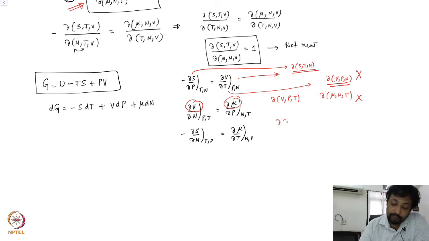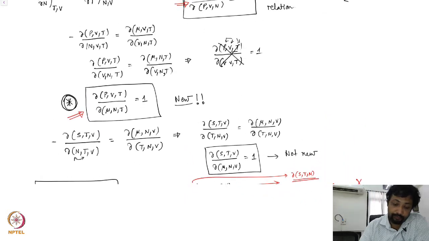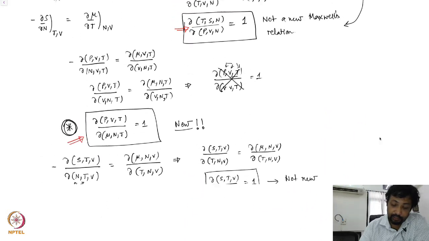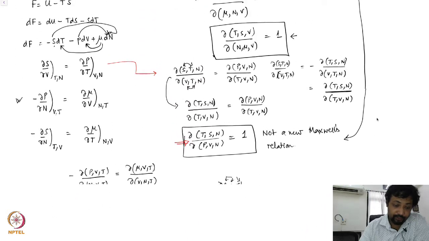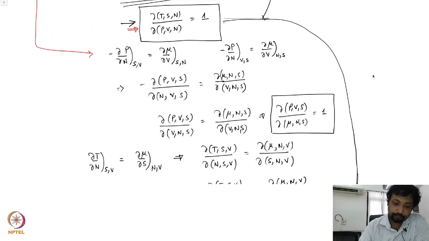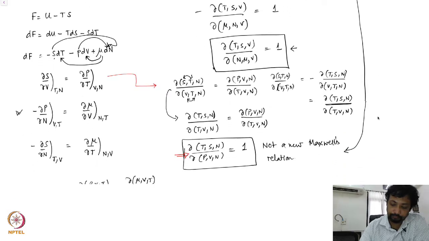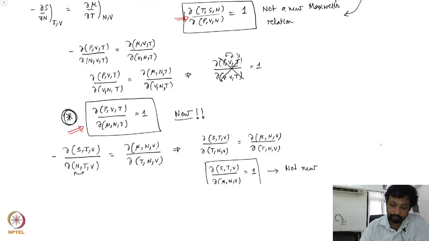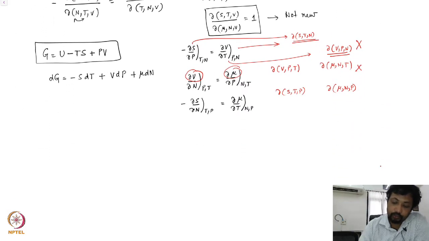What about this? This is S, T and P, and the left hand side is mu, N and P. Do I have the STP combination? I probably don't have this, but one should still check. No, so I don't have this.